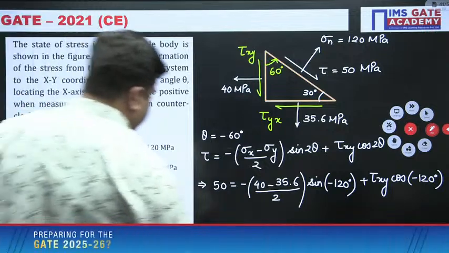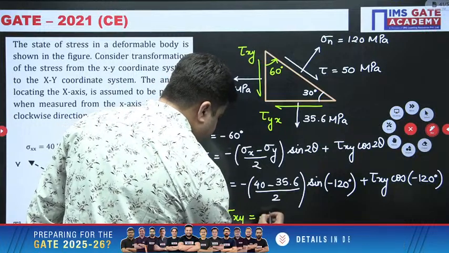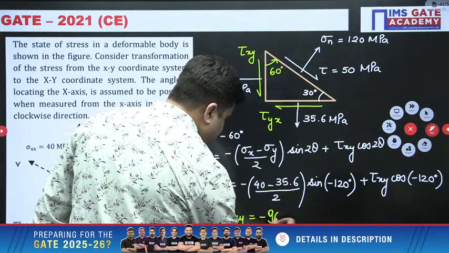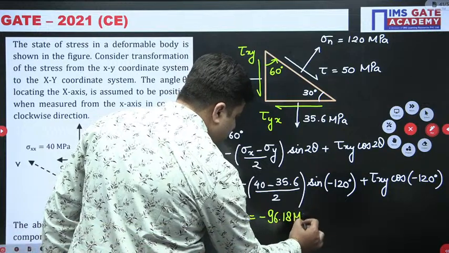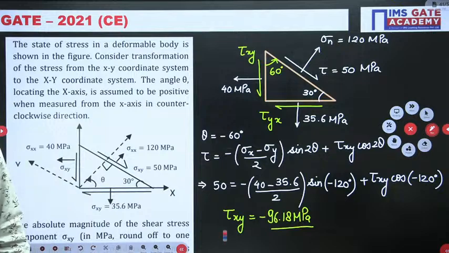So, tau xy, I am writing this as minus 96.18. Minus 96.18 is the value of tau xy.